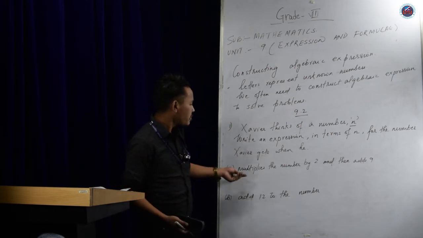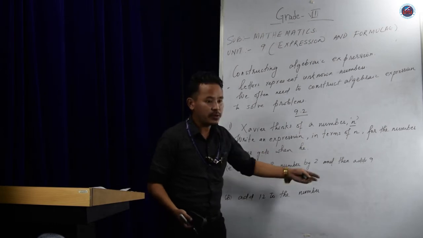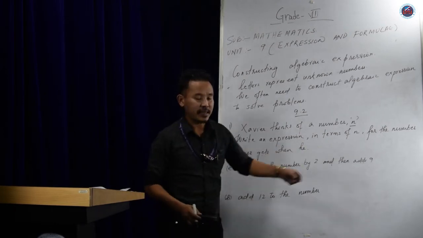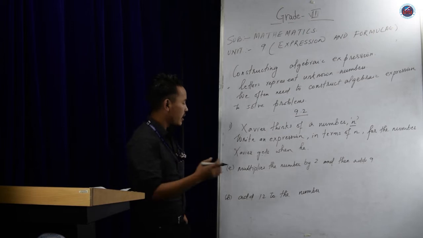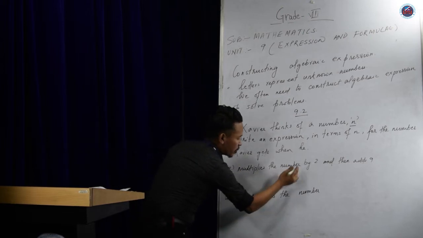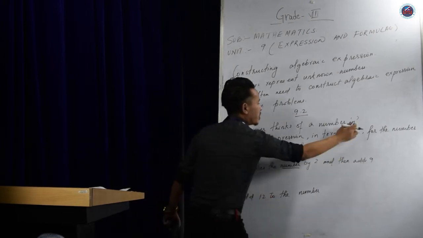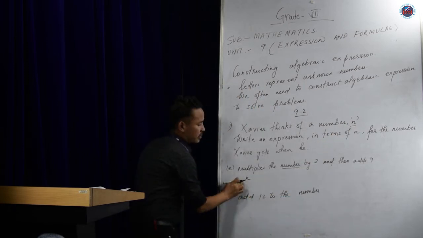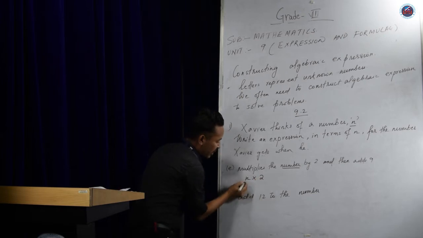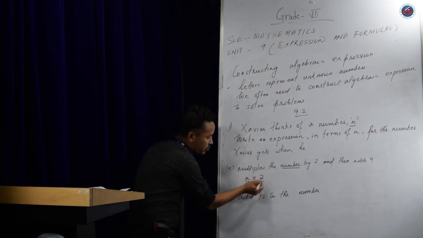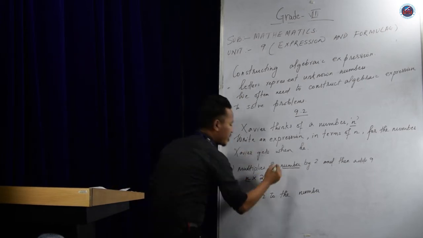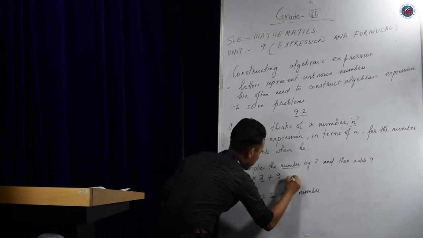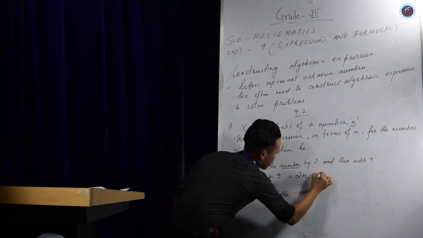Multiplies the number by 2, and then adds 9. Multiplies, we all know, the number. The number we have here is n. So multiplies the number n by 2, and then adds 9. Simple. We get 2n plus 9.